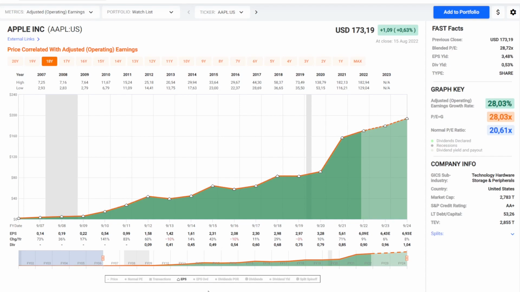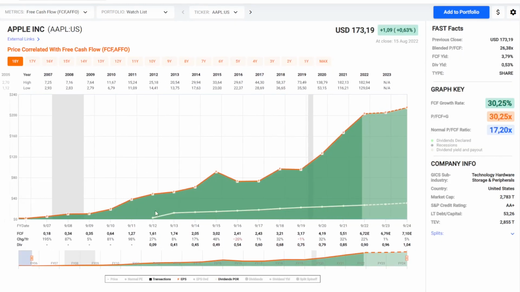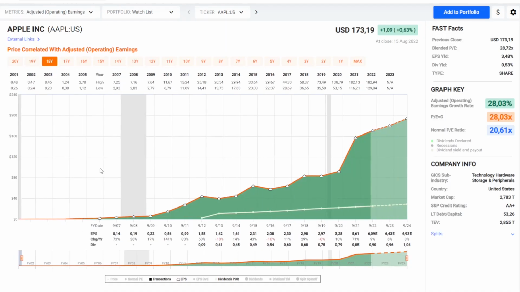If we also plot the dividend, we can see that they started to pay a dividend here in 2012 and they are steadily increasing it by about 9%. So they have a lot of room also to increase this dividend. If we actually compare to the free cash flow they are generating, we can see that the dividend is well covered.